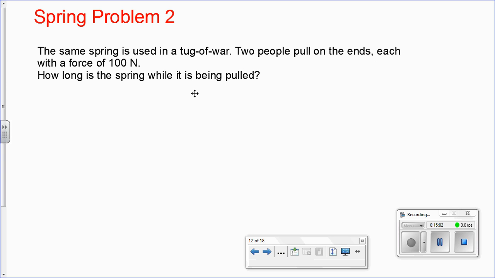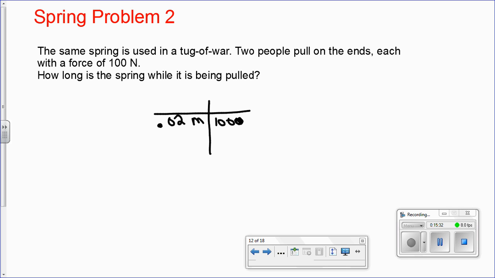If we look at the next question, the same spring is now used for a tug of war. Two people pull on the ends, and they each apply 100 newtons. Okay, and we're going to assume we haven't reached the elastic limit, and it's going to overstretch. How long is the spring while it's being pulled? Okay, so you should notice on the last one, the displacement was 0.02 meters, and it took 100 newtons.